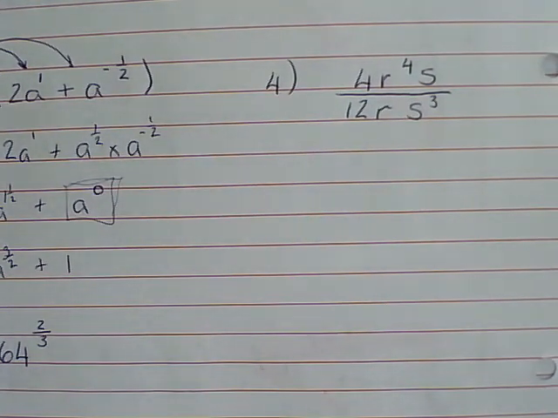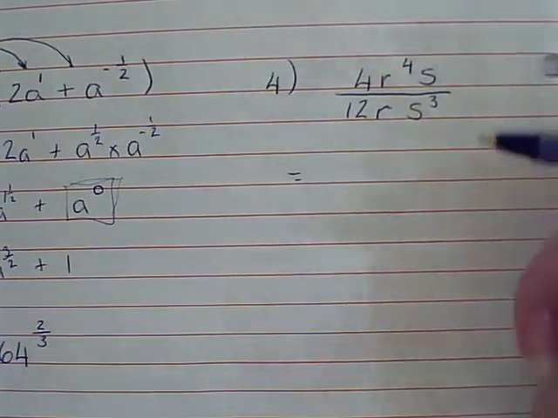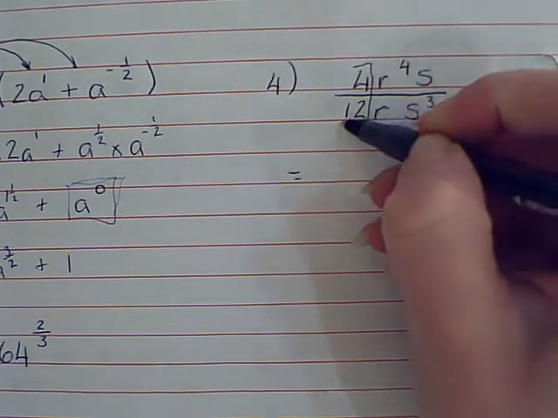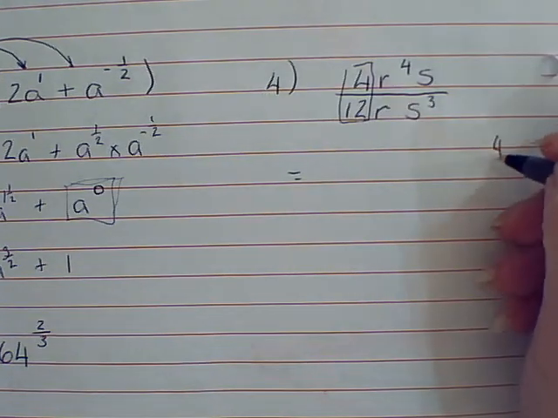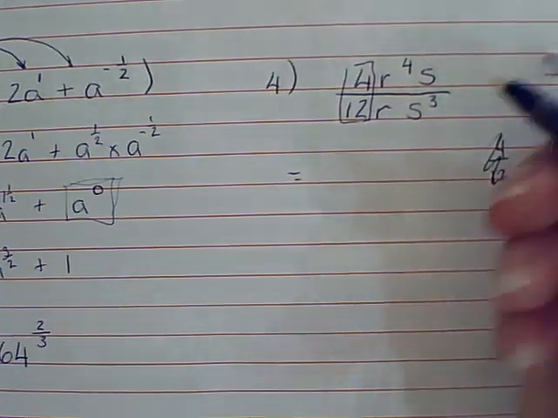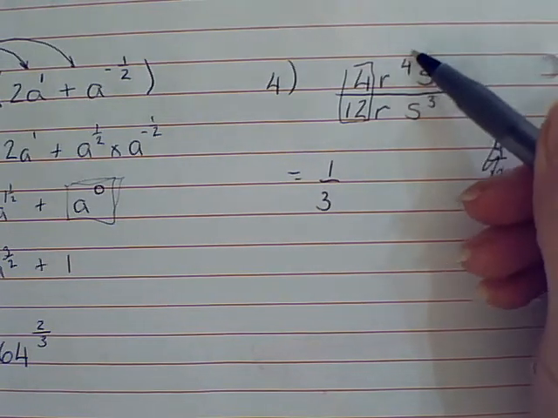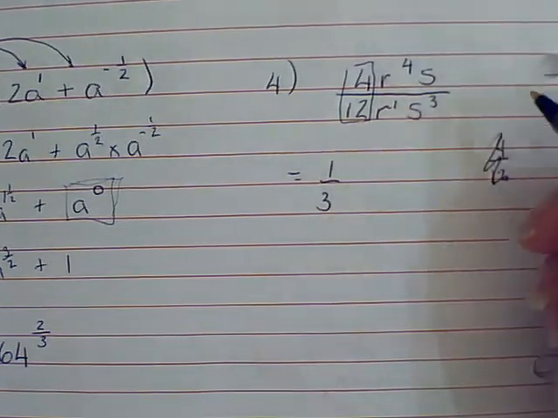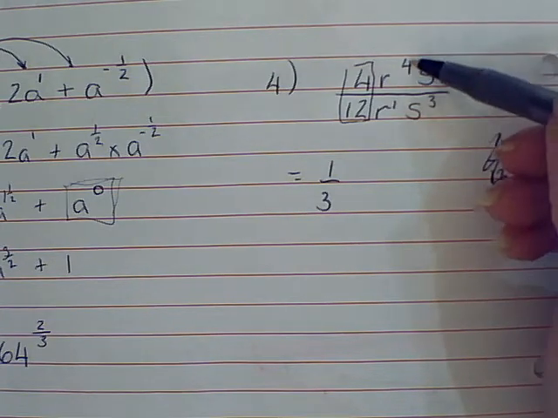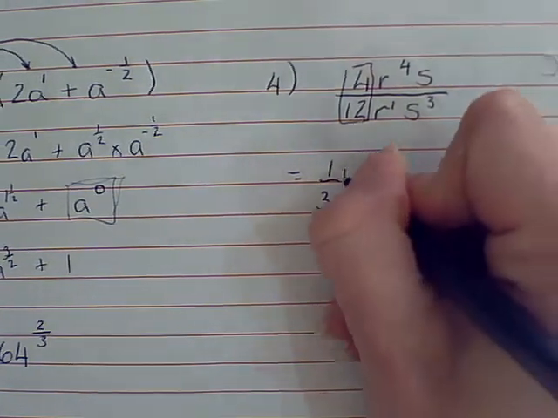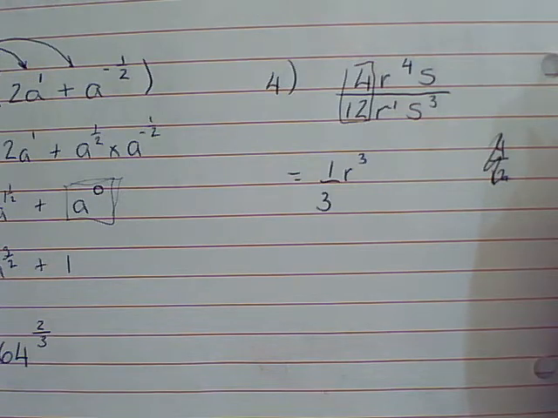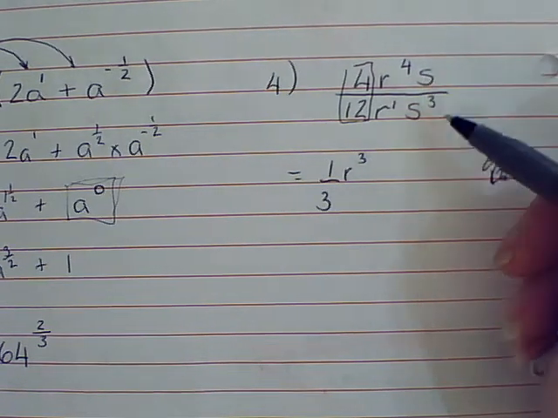Moving to this one. This is the one that everyone loves. It's one of my favourites actually in the course. Deal with the fraction first. 4 over 12. If you need to write it at the side, write it at the side. But you know that's the third. Okay. Now you've got r to the 4 and r to the 1. And we're going to take them away. So we've got r to the 3. And now we've got s and s to the 3.